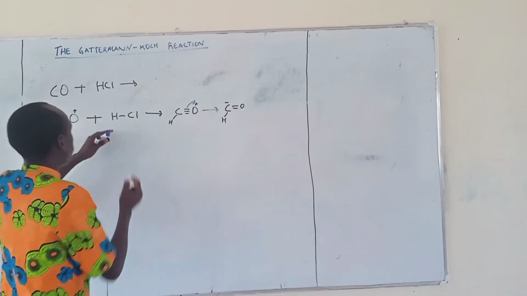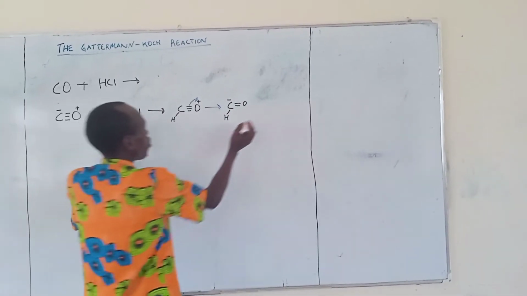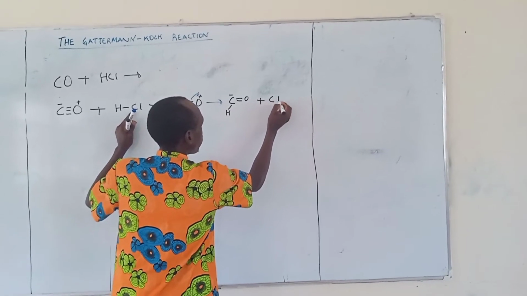And after picking hydrogen here, we are left with chloride ion, so plus chloride ion.